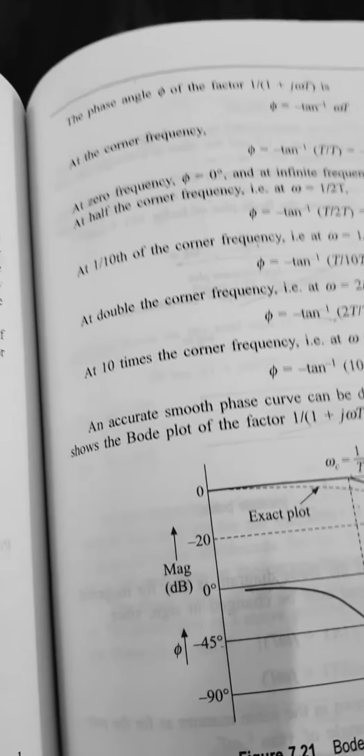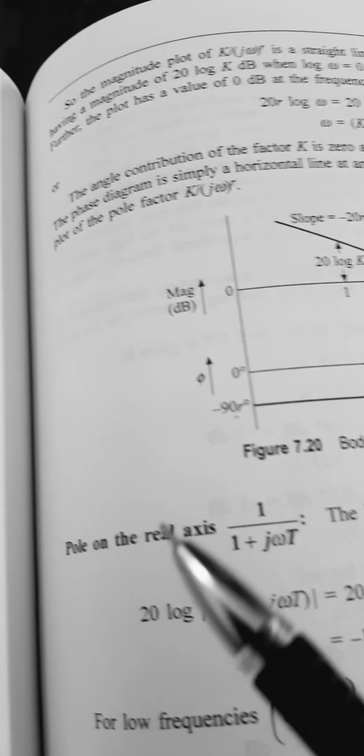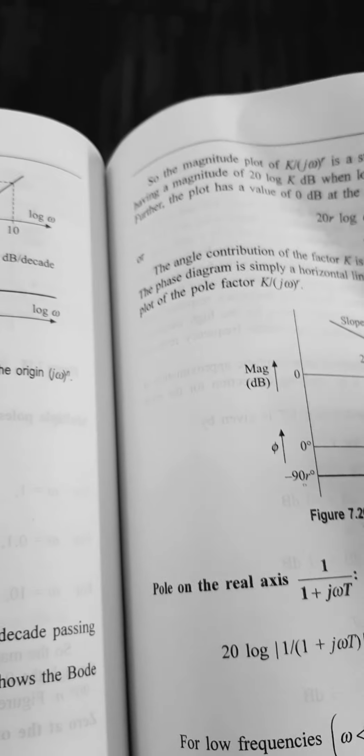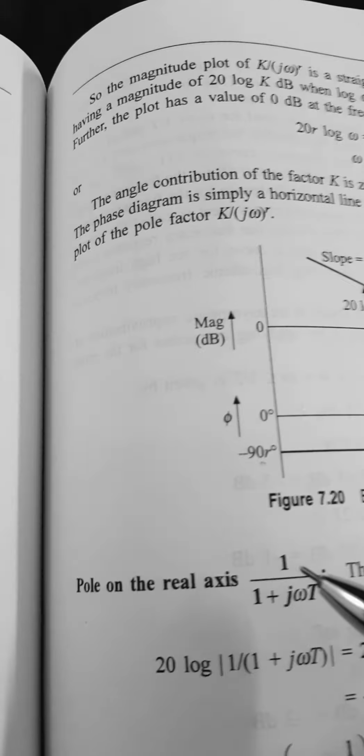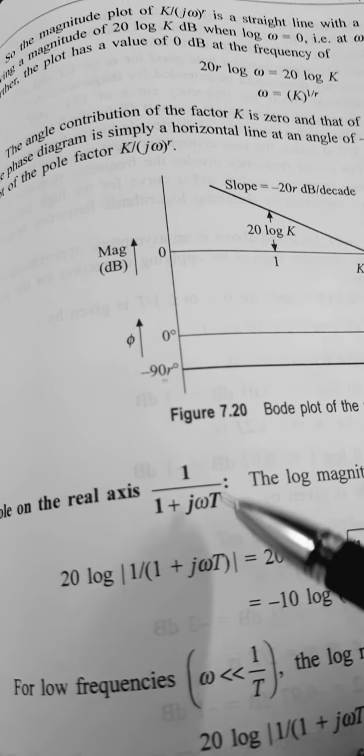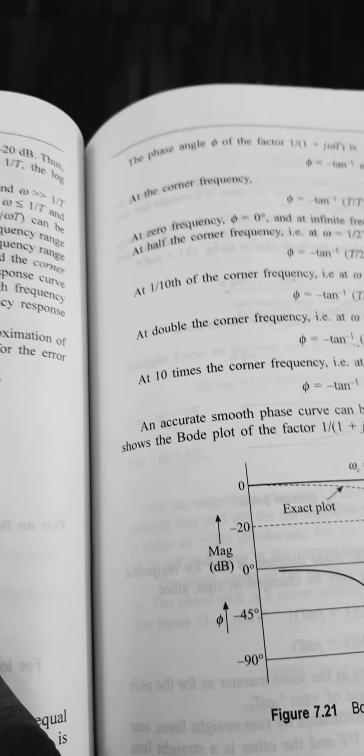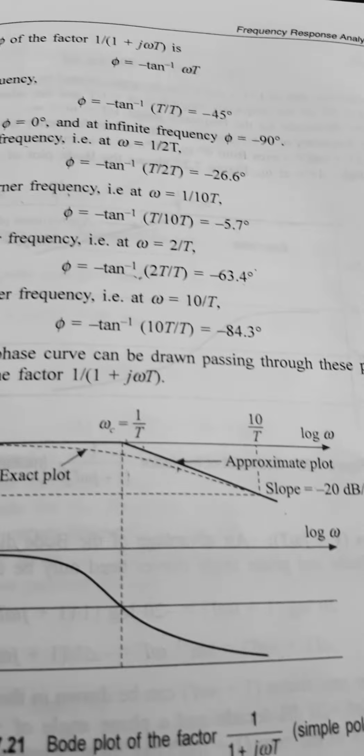The corner frequency exists only for terms like 1 divided by 1 plus j omega T or 1 plus j omega T. 1 divided by 1 plus j omega T is the common form, and there the corner frequency is 1 by T. So that is the way of obtaining the corner frequency.